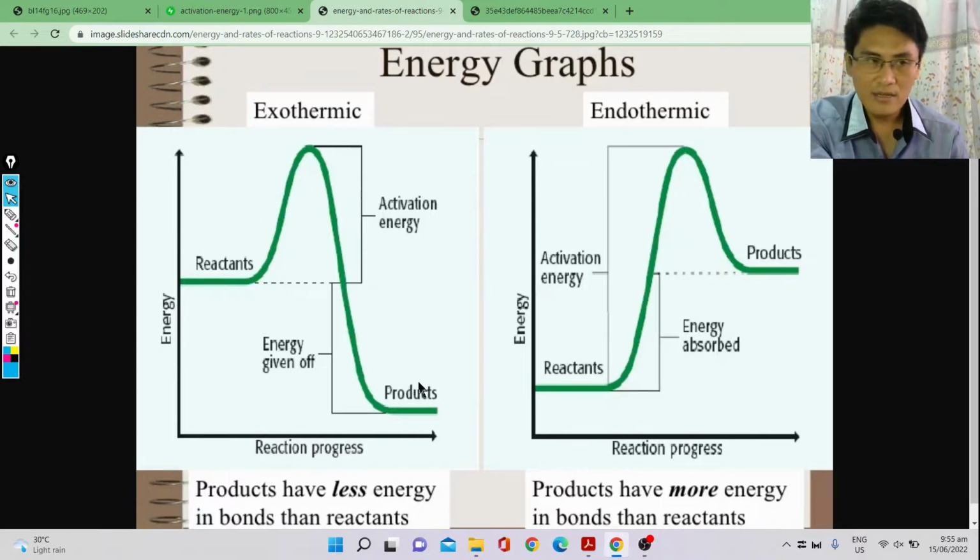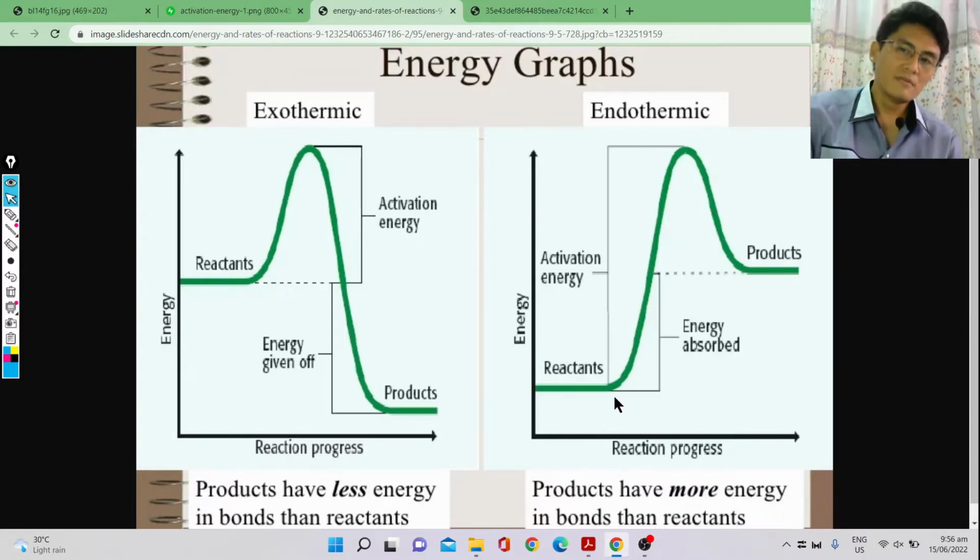Here, the energy of the reactants is lower compared to the energy of the products. So what can you conclude? It's summarized here. In this graph, the bonds in the products have less energy than the bonds in the reactants. In this one, the products have more energy, at a higher level than the energy of the reactants.